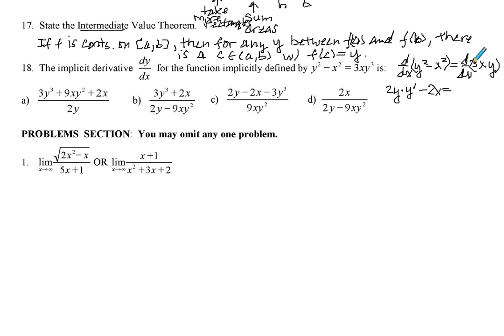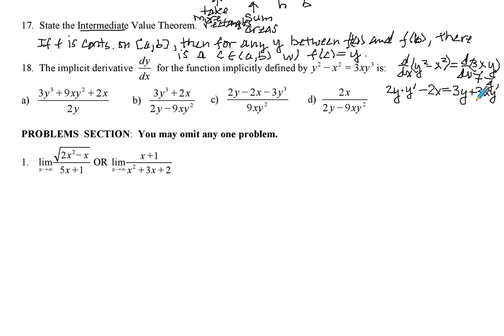equals, and then over here, 3x times y, that's a product of functions. There's an f, and there's g, and we have to do f prime g plus fg prime. So f prime, derivative of 3x is 3, times g is y, plus f is 3x, and then the derivative of y is y prime.